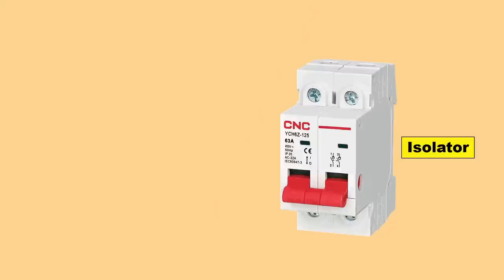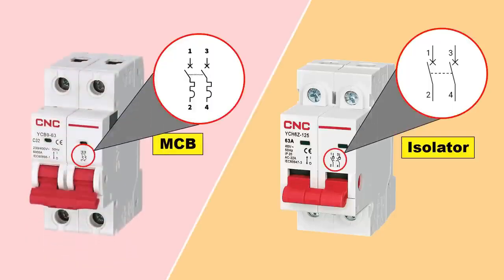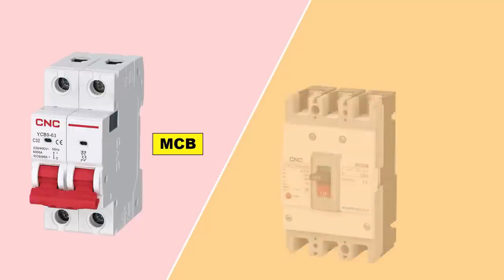And if you install isolator in your home, then you will not get any kind of protection. You can look in this screen what is the symbol of MCB and what is the symbol of isolator. So whenever you go to buy a MCB, then look carefully at the symbol on the MCB, whether it is MCB or not.